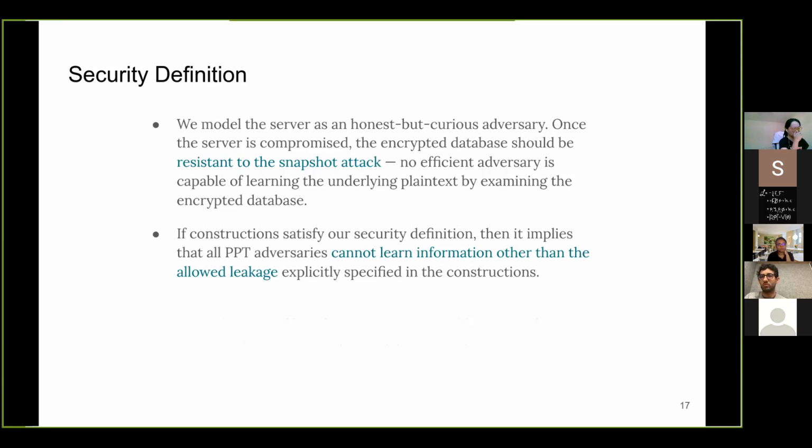Once the server is compromised, the encrypted database should be resistant to snapshot attack. No efficient adversary is capable of learning the underlying plaintext by examining the encrypted database. And if constructions satisfy our security definition, then it implies that all PPT adversaries cannot learn information other than the allowed leakage explicitly specified in the constructions.